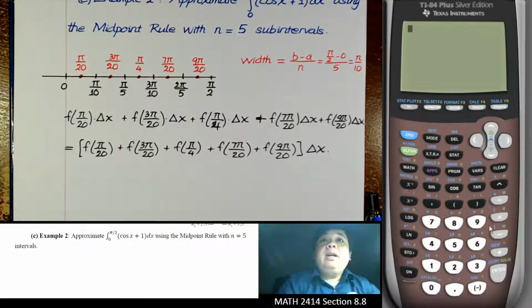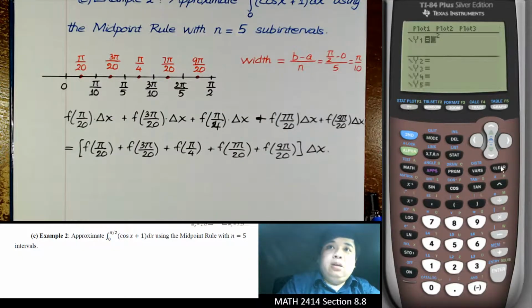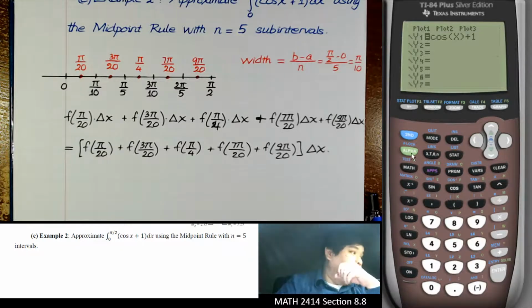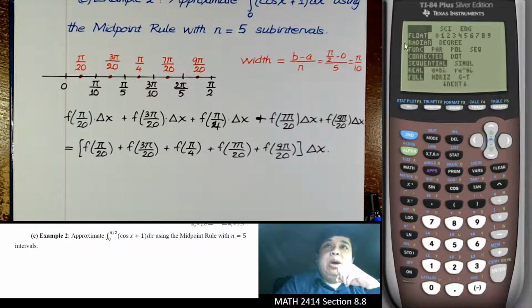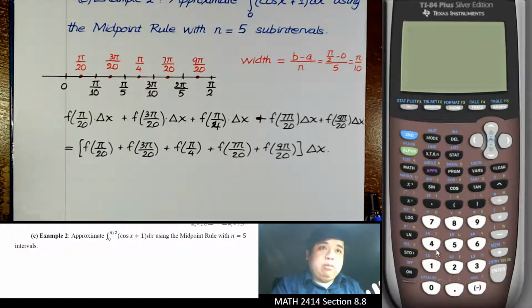First, enter the function, cosine of x plus 1. Right, we have the function. By the way, make sure that it is in radian. So it's good, mode, radian. Alright, second, quick. Right, so we have the function.